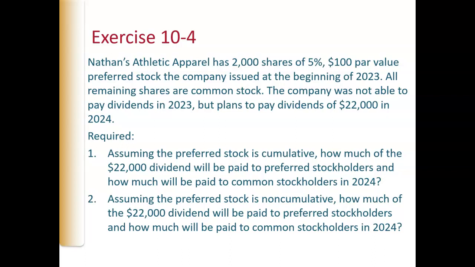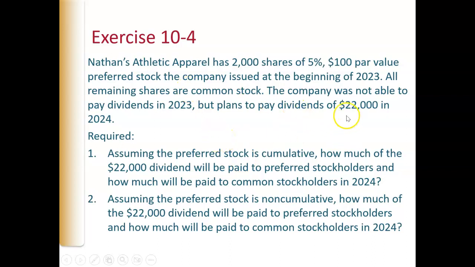The company was not able to pay dividends in 2023, but plans to pay dividends of $22,000 in 2024. So assume the preferred stock is cumulative.